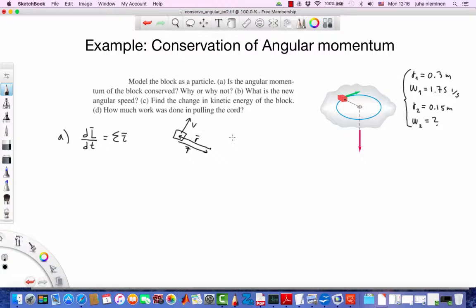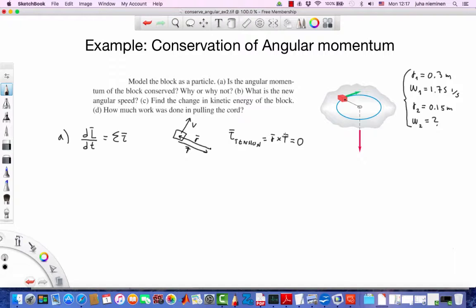So let's try to make it a vector like this. And now we can calculate the torque caused by the tension. So let's call that torque by the tension force. That's going to be r cross the tension force. But now because r and T are aligned, their vector product is 0.